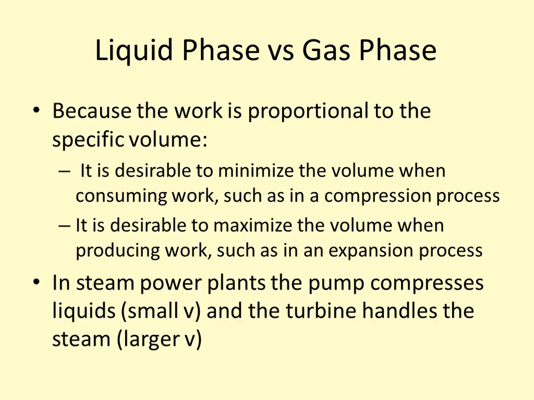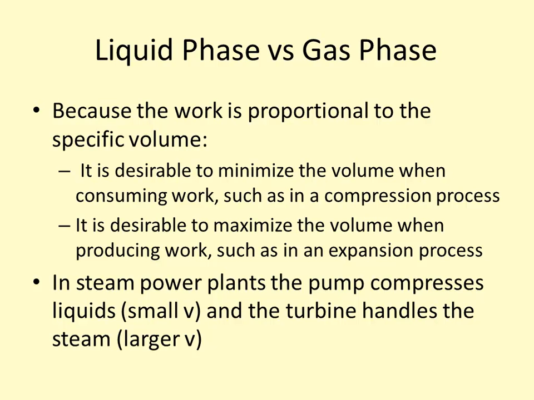So we have a pump that goes up to a boiler, which runs steam through a turbine, which generates some sort of a work output, goes down to a condenser, and then back through the pump again.